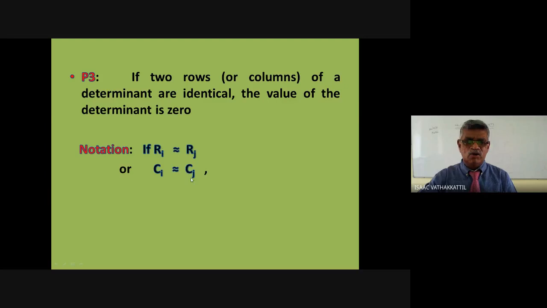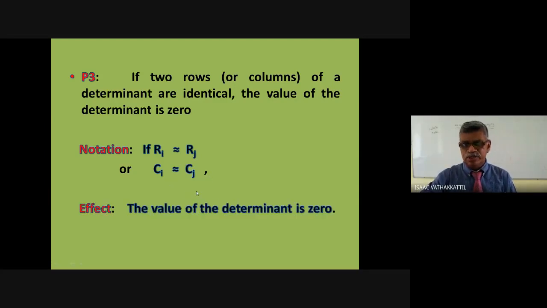Or Ci congruent to Cj. The first element is the same as the first element there, the second element is the same as the second element there. So instead of writing equal, I use this equality symbol. Alright, Ri is the same as Rj, Ci is the same as Cj. What is the effect? The value of the determinant is 0.